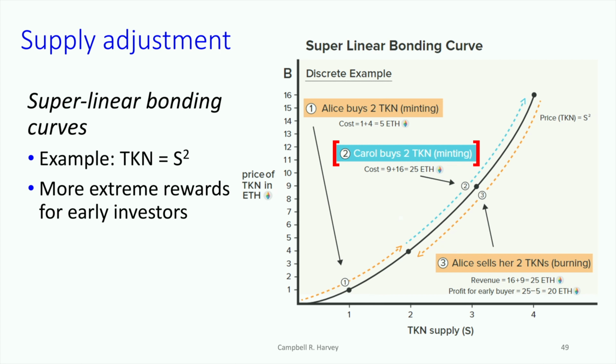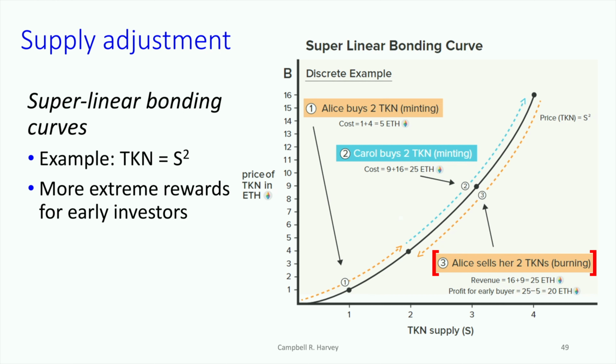Then Carol jumps in, and she wants to buy another 2 tokens. Into the contract, Carol puts 9 for the third and 16 for the fourth. So total cost of 25 ether, and the contract prints 2 tokens. Now the total supply is 4 tokens.